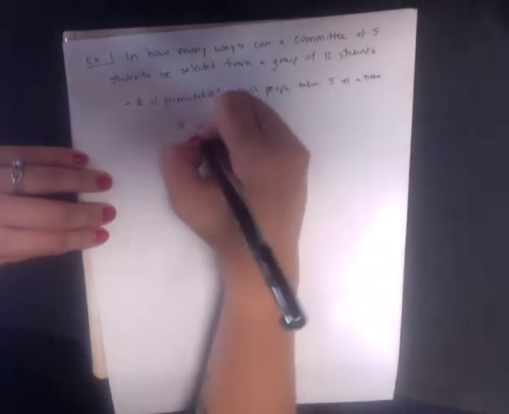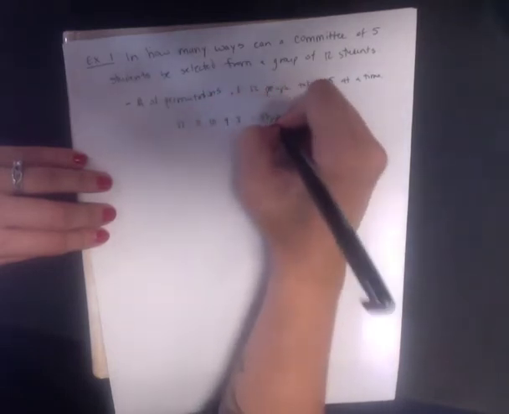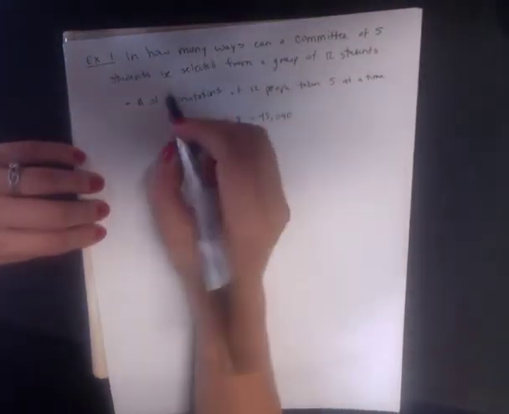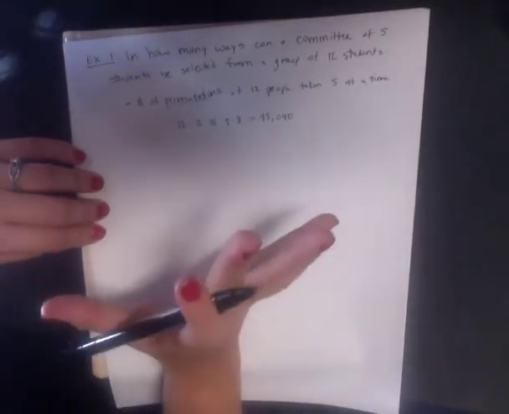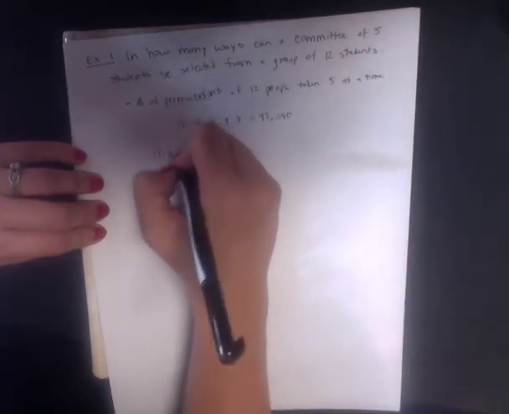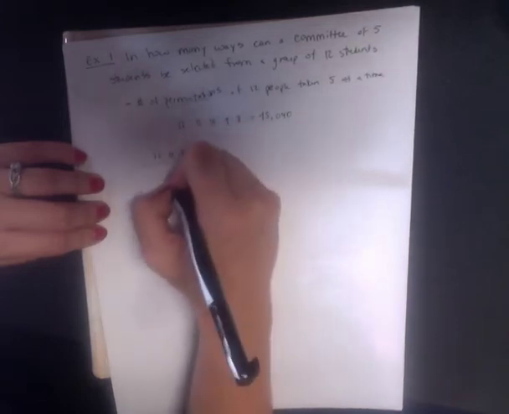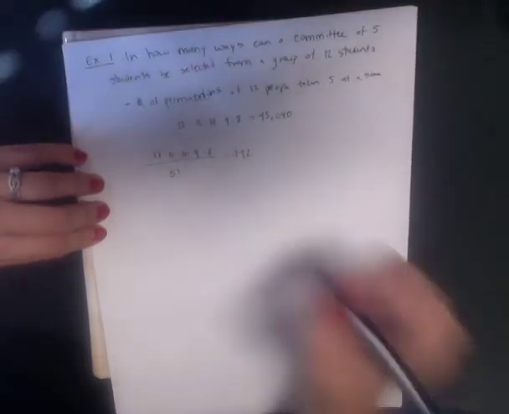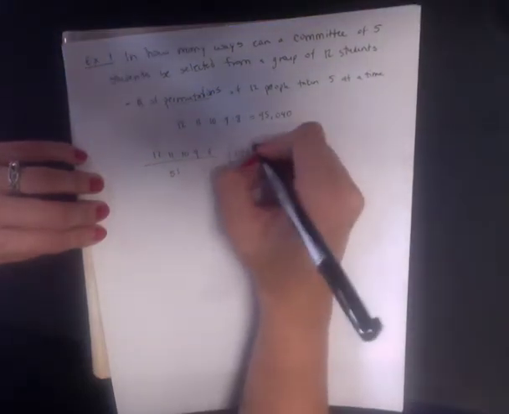So we can do 12 times 11 times 10 times 9 times 8. This gives us 95,040. Okay, but we remember we have to divide by 5 factorial. So we will really have 12 times 11 times 10 times 9 times 8 divided by 5 factorial, which gives us 792. And that is our final answer.